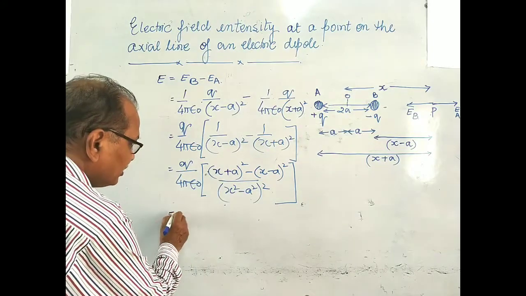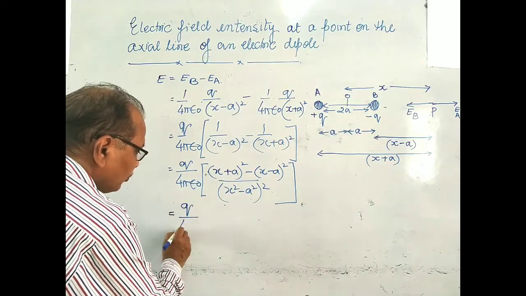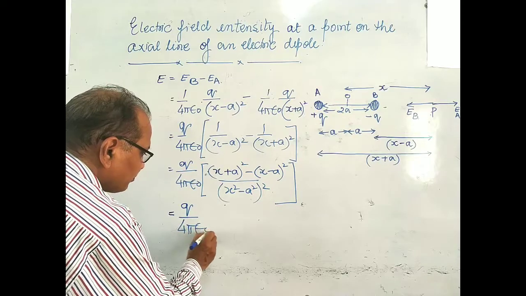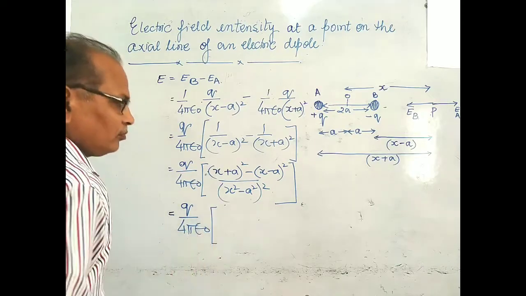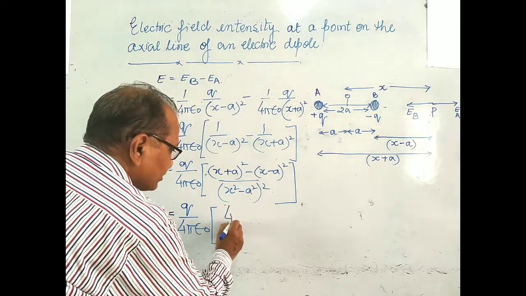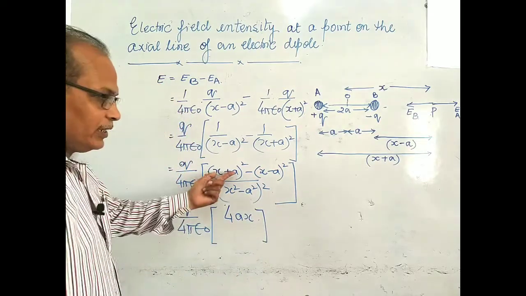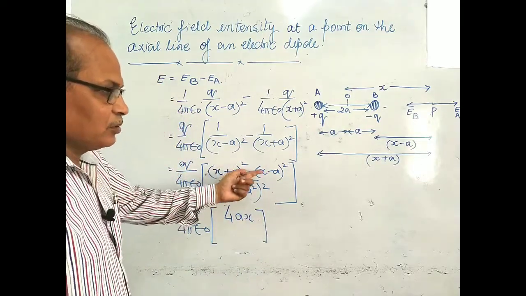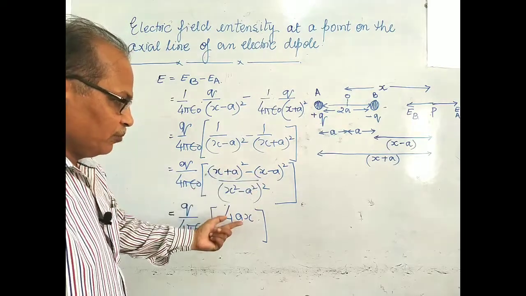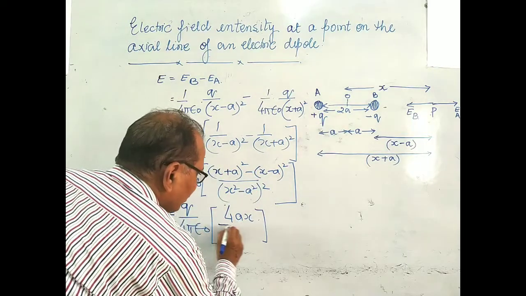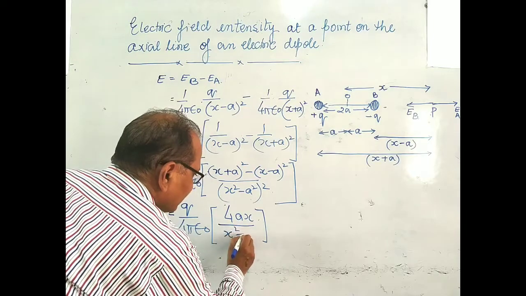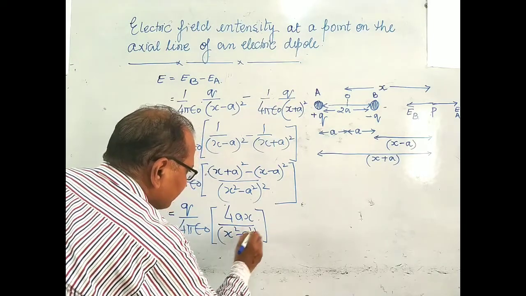So the remaining quantity will be 4 pi epsilon naught, and 2ax from here plus 2ax from here, it will be 4ax upon x square minus a square whole square.